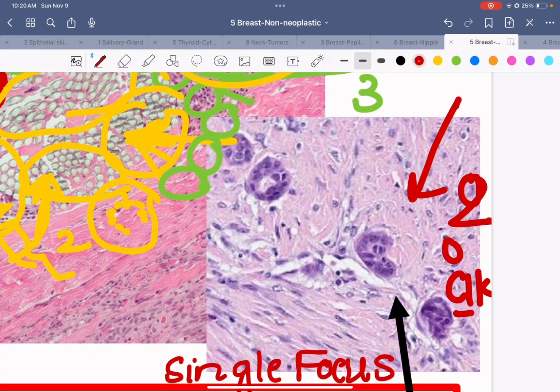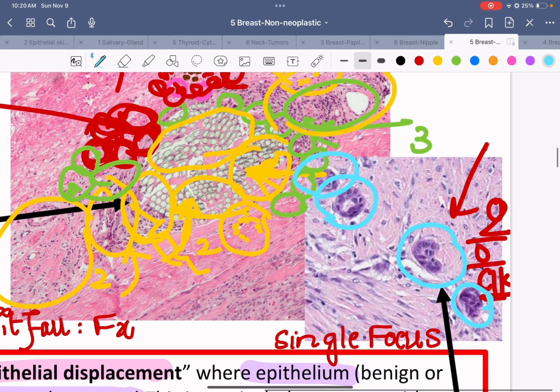My PA said this is the 2 o'clock sample, and this 2 o'clock sample had a previous biopsy, and now at this 2 o'clock sample I find individual malignant glands that are just hanging around inside the stroma, right? So what are these individual malignant glands doing here? Is this infiltration? No, it's not infiltration.